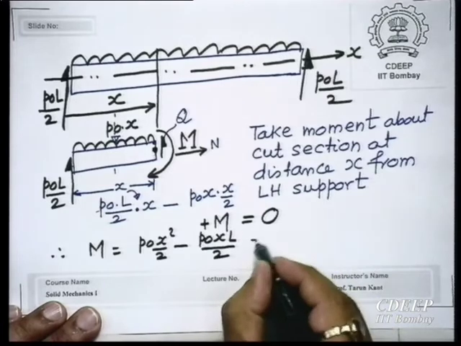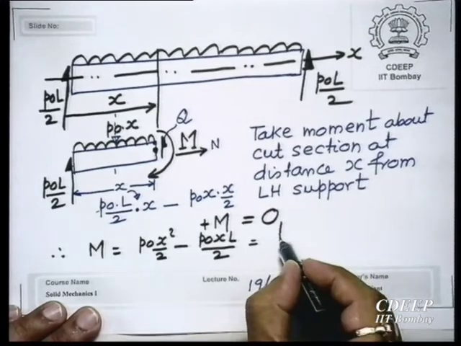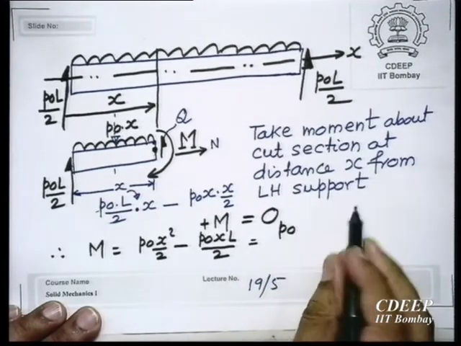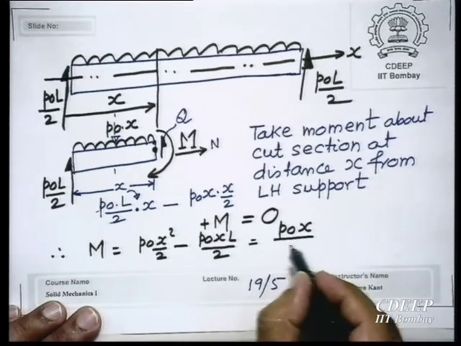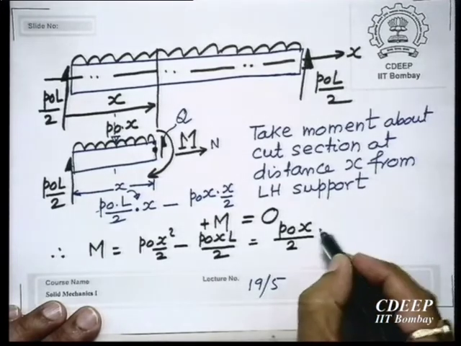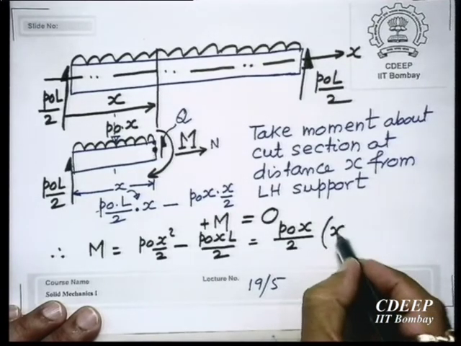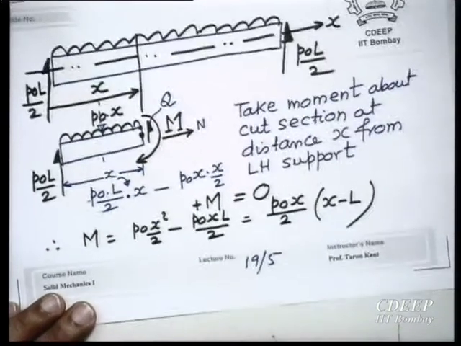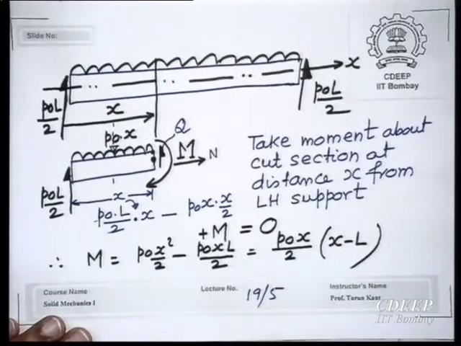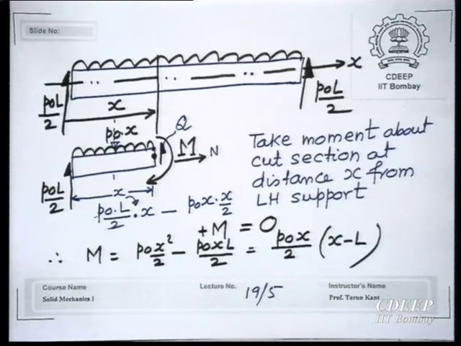I think it can be simplified. So P naught by 2 into x can be taken common, x minus L. Yes, this is all right.